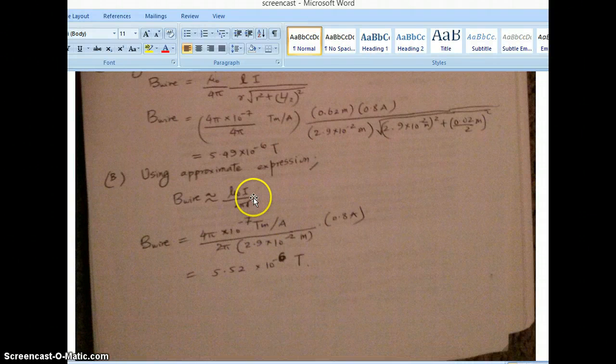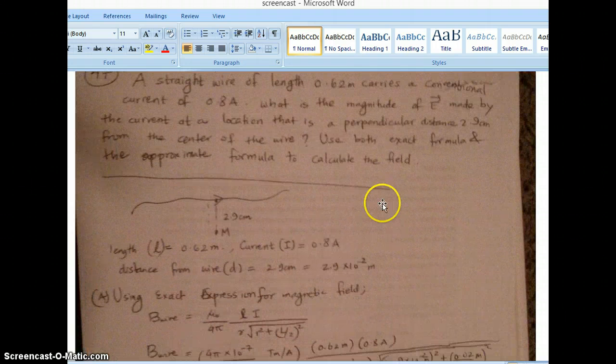So mu naught I over 2 pi r. Plugging in the values we get 4 pi times 10 to the minus 7, which is the same as above, the permeability of vacuum, over 2 pi, times the current I, which is 0.8 amperes, over the distance r of the point M from the midpoint of the length of the wire.